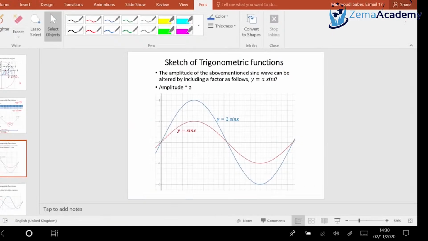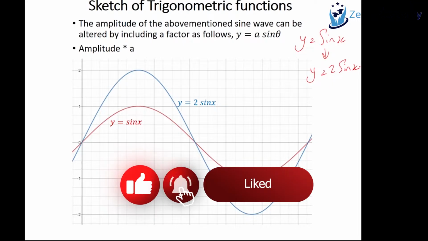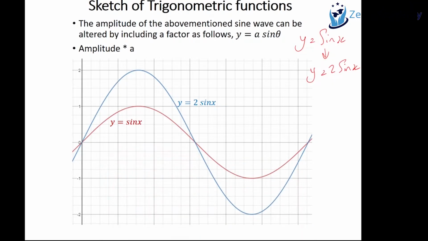Let's look at this one. Every time you have a coefficient in front of your trig function, all you need to do is multiply your amplitude by that number. So if I have y equals sine x, and I want to sketch y equals 2 sine x, all I need to do is multiply the amplitude by 2.